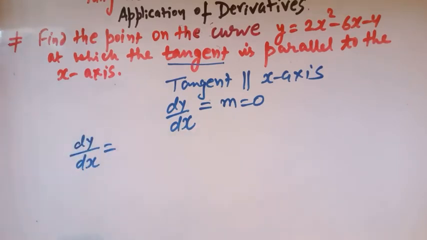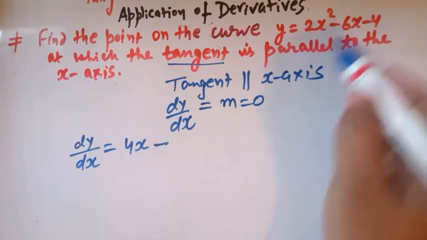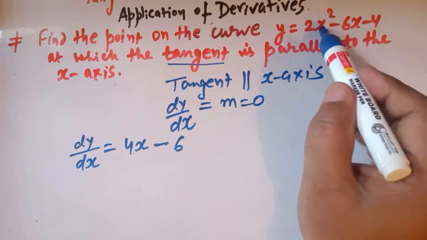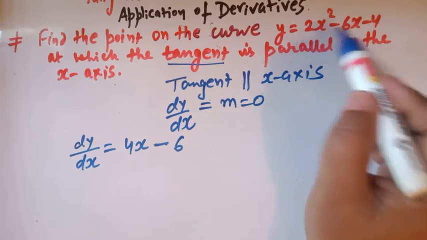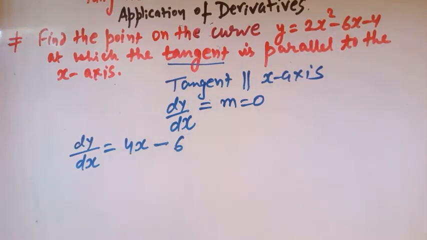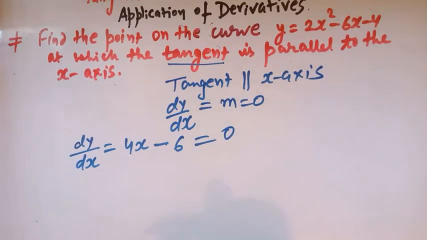This is 4x minus 6, because the derivative of x square is 2x, so this is 4x, and the derivative of x is 1, so we have 4x minus 6, and it should be equal to 0 because the tangent is parallel to x-axis.